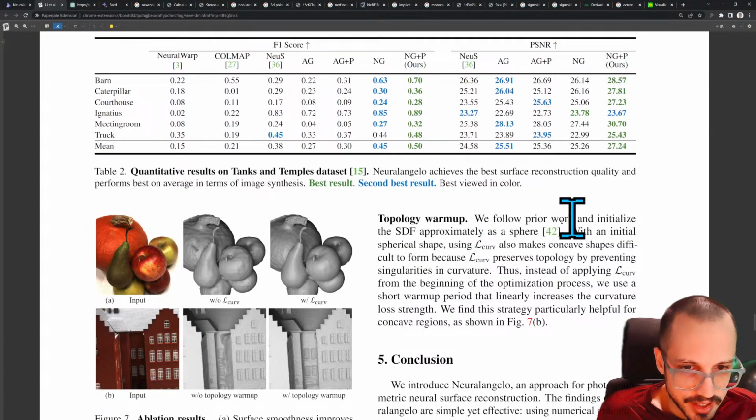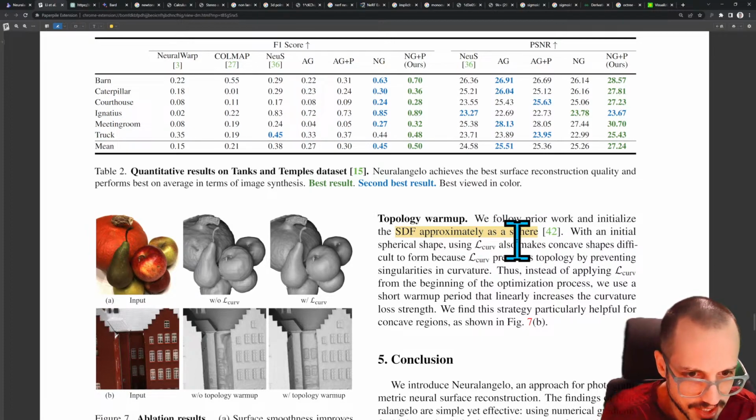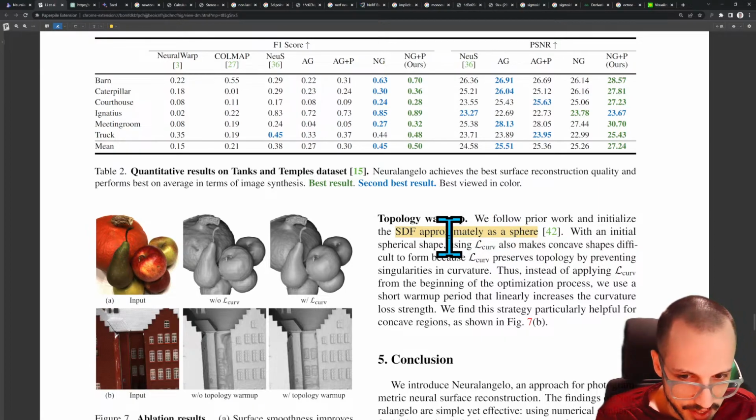Topology warm-up, initialize the SDF approximately as a sphere, right? So your signed distance function, here they say they initialize it as a sphere, which means that you have this object-centric prior, which is actually very common in SDFs, where usually when you have an asset or any kind of 3D thing within a volume, there's a thing in the center and the edges are pretty much always empty, right?